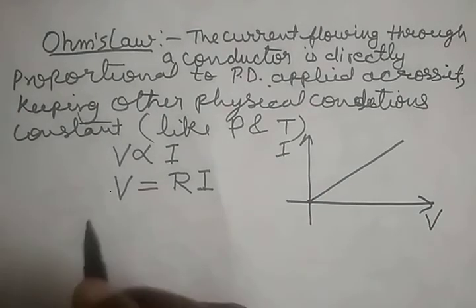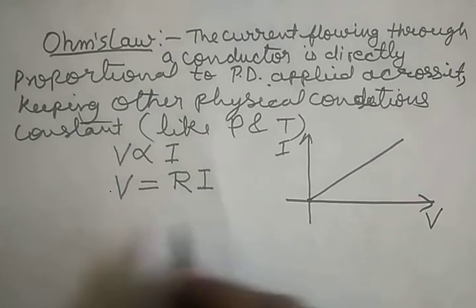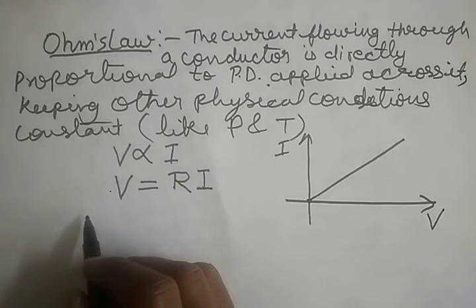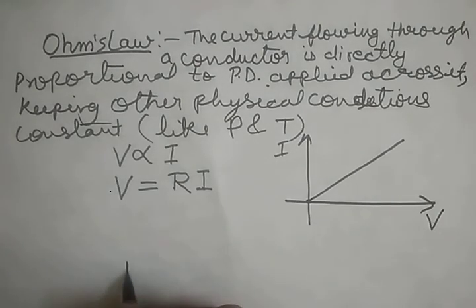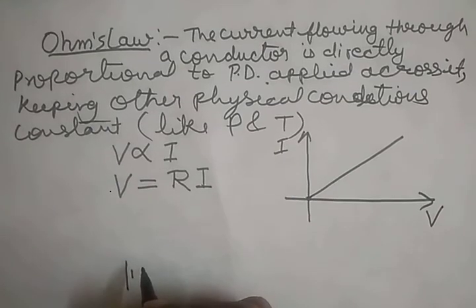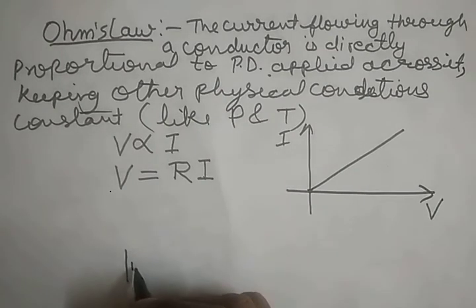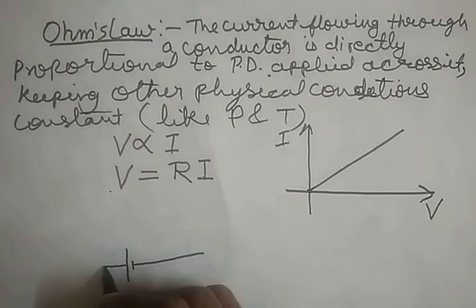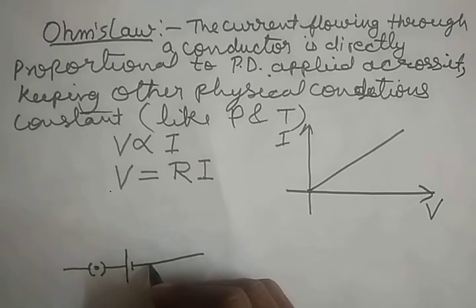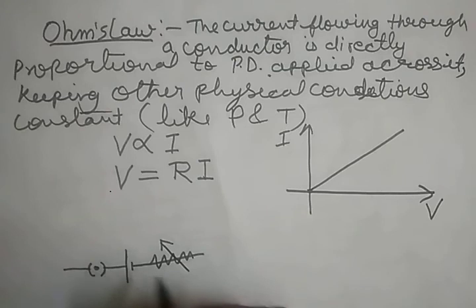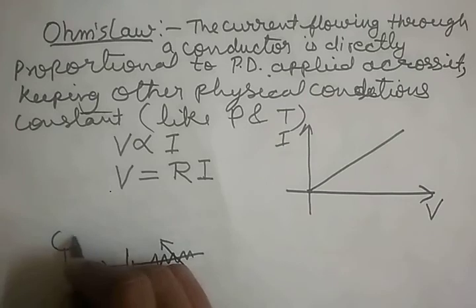And in order to experimentally verify this law, we have to draw a circuit. So that circuit includes a cell or a battery, whatever you wish to draw, or whatever you are asked to draw. So there will be a key, we will switch it on, we will have a rheostat to vary this potential difference, and we will measure current also.